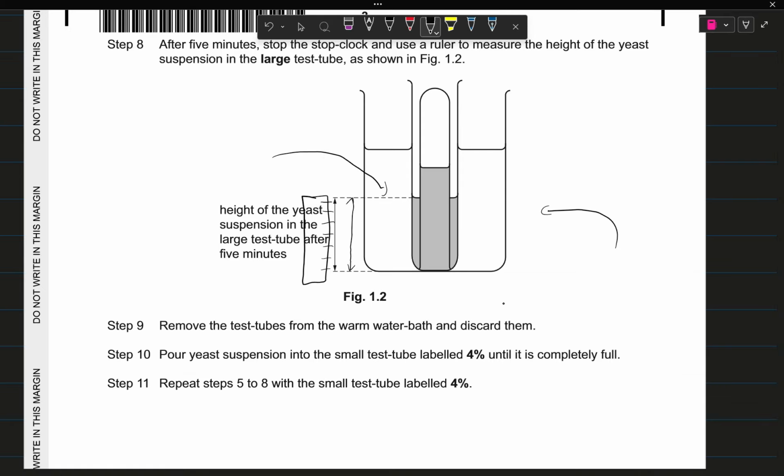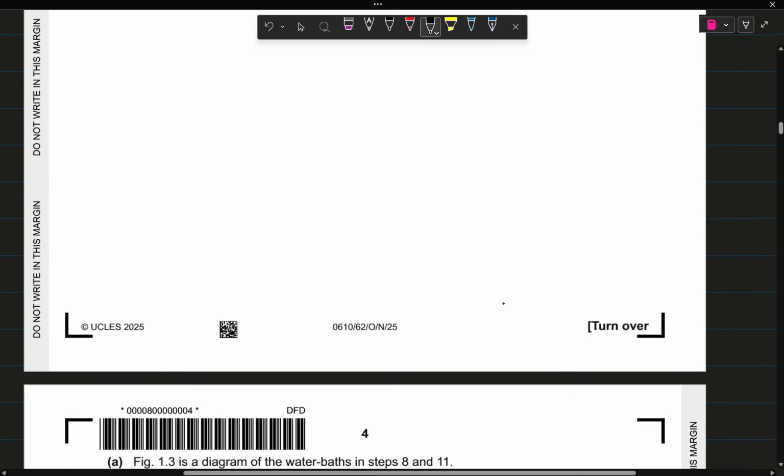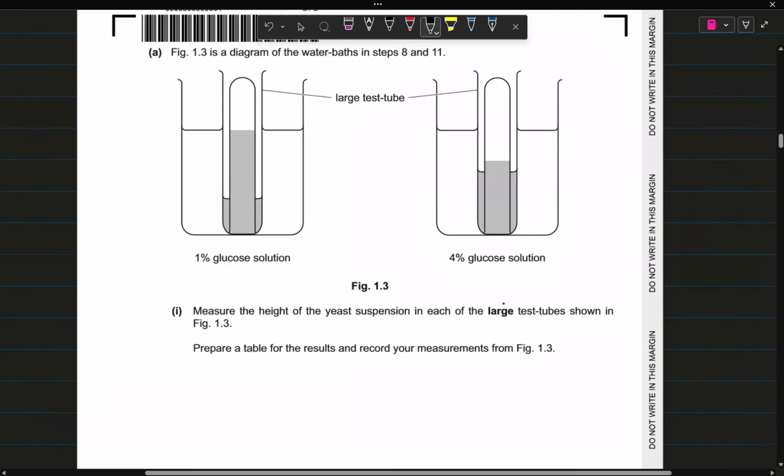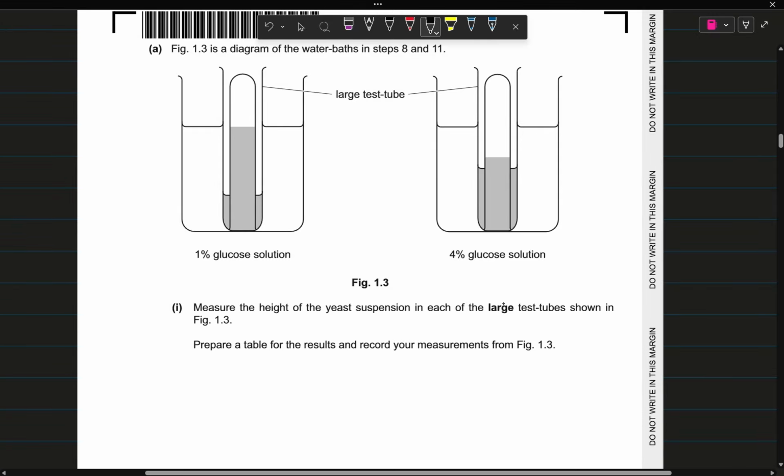For this height over here. And then we can take note of that and convert it into a table, which is exactly what question A1 asked us to do. Essentially what we have here is the illustration for the 1% glucose solution compared to the 4% glucose solution.